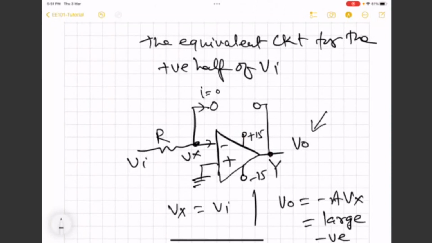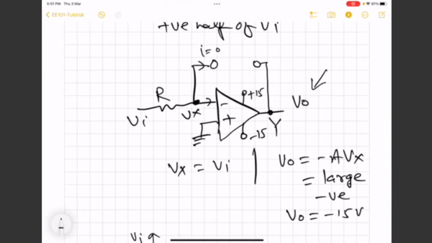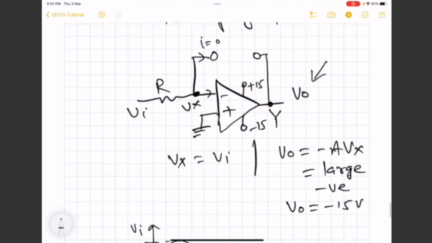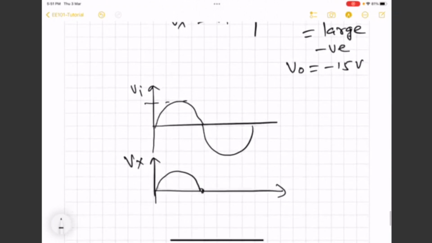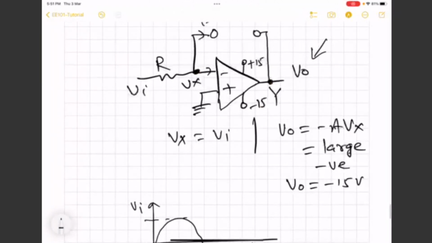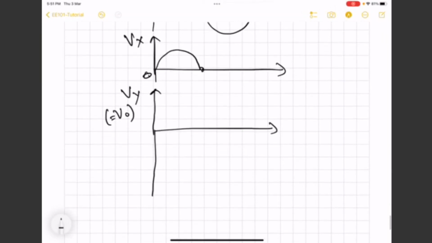As you can see, in this case we are able to get the rectified signal from node V minus, which we are calling Vx. So for this case, Vx is going to be the node of interest, and that is why we will be calling that the output. The usual output is also there, but it gives a constant 15 volt. Vy, which is also equal to Vo, is giving minus 15 volts.